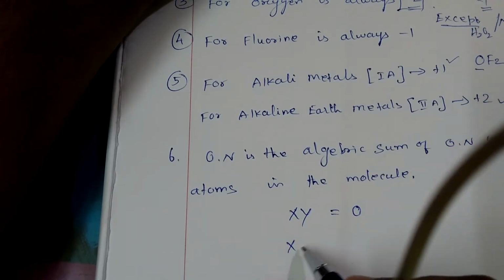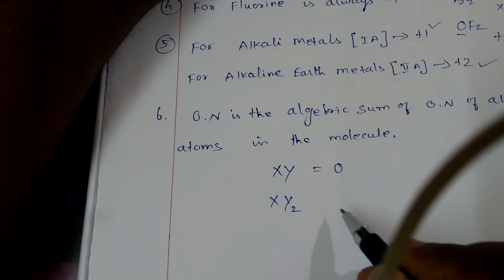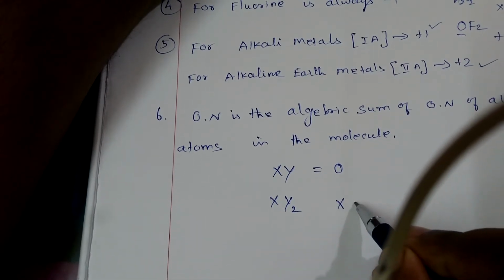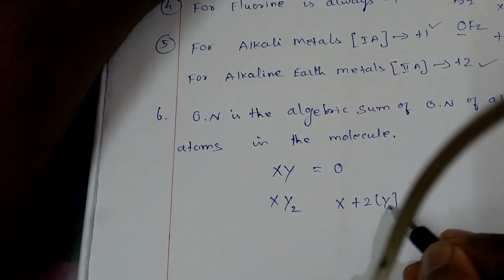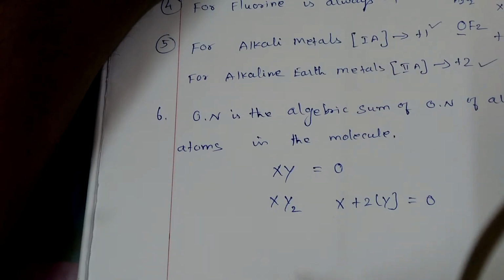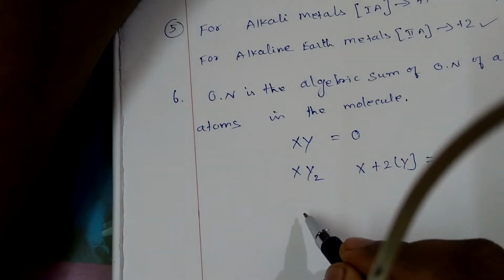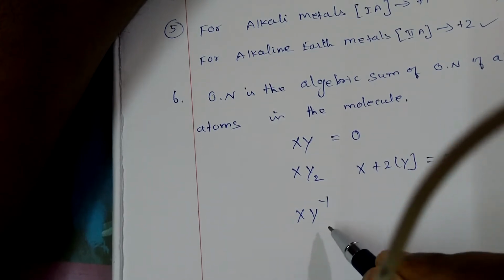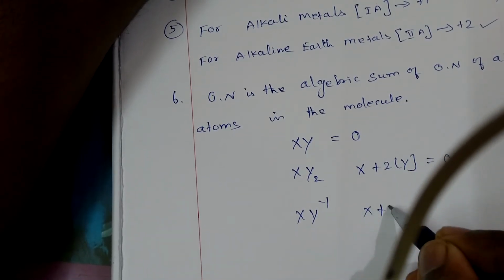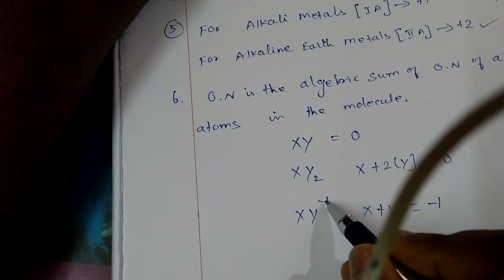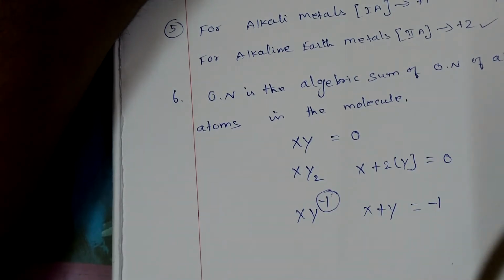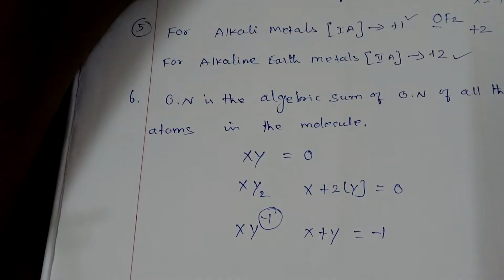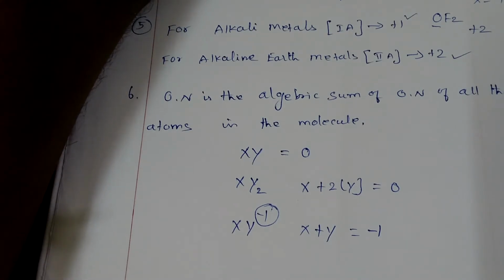For example, in XY2, the oxidation number of X plus 2 into the oxidation number of Y is equal to 0. If it possesses any charge, for example XY to the power minus 1, remember, the sum of the oxidation numbers is equal to the charge possessed by the ion. Understand? This is regarding the oxidation number calculation.